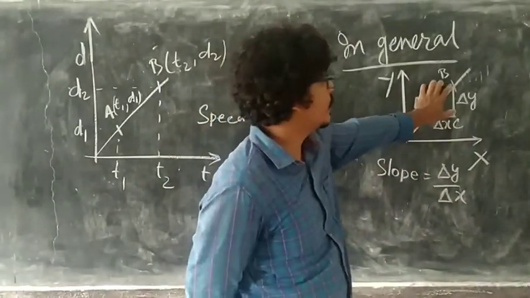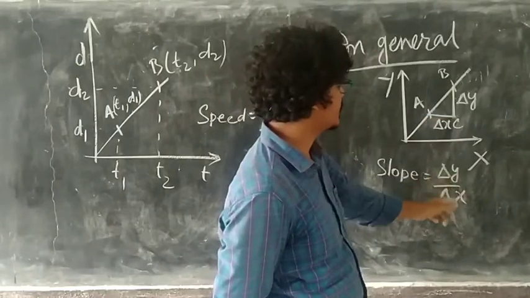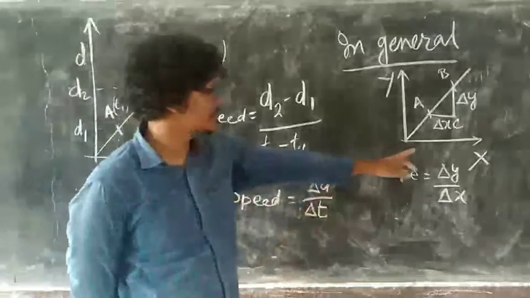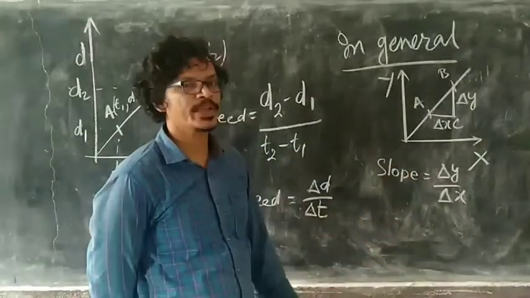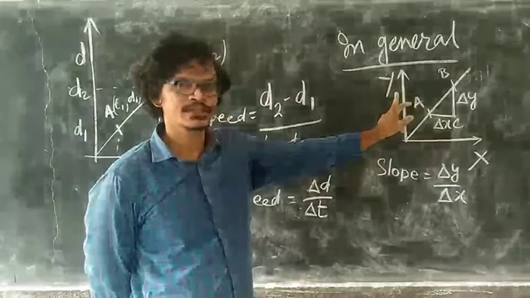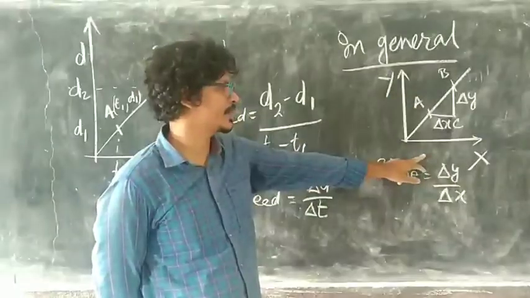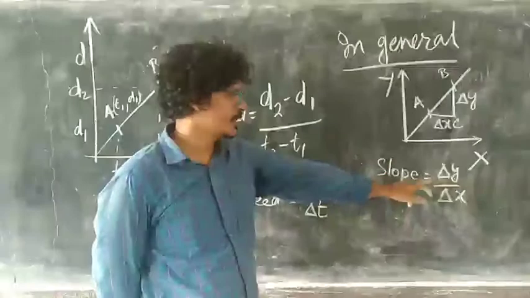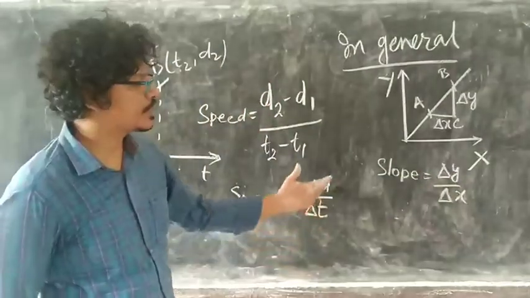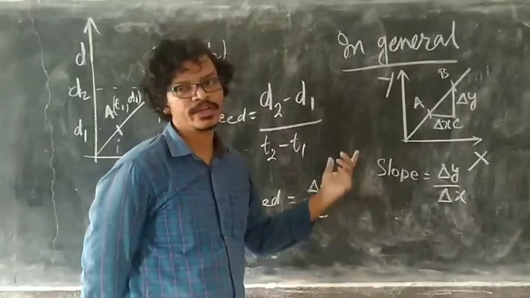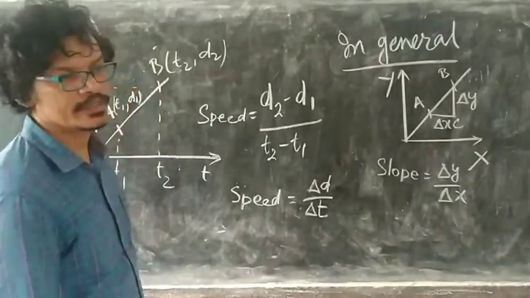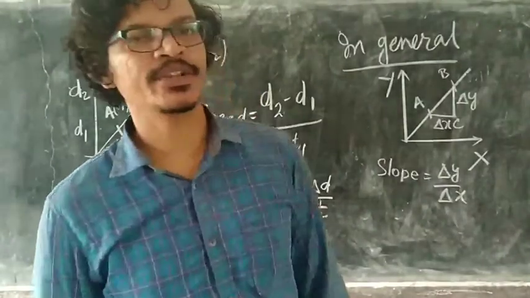So delta y by delta x is the slope, and in a distance-time graph this slope will give you speed. What does it mean? If on the y axis we take distance and on the x axis we take time, then delta d by delta t will give you the slope of the graph, and the slope will give you the speed of the object. Fine. So we will continue next class.